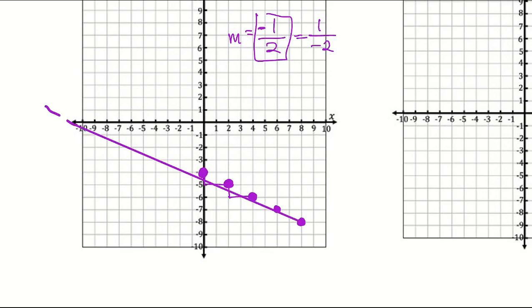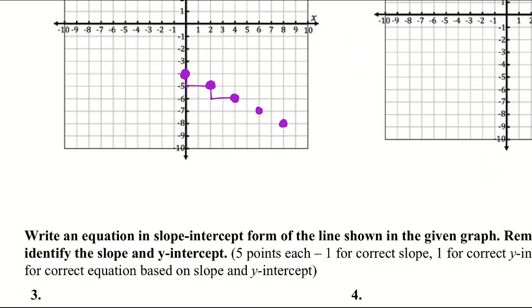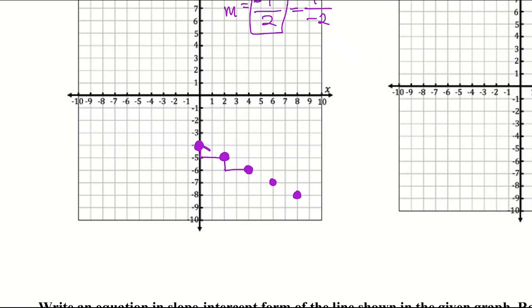This is what my line is going to look like when I go all the way across, except I messed up. Let me do it this way. There we go. Move that a little bit, and number 1 is done.